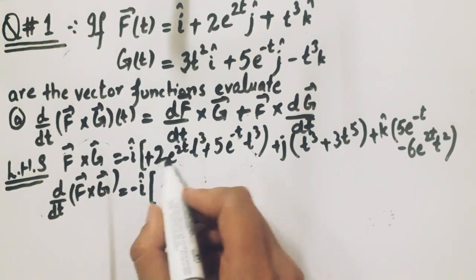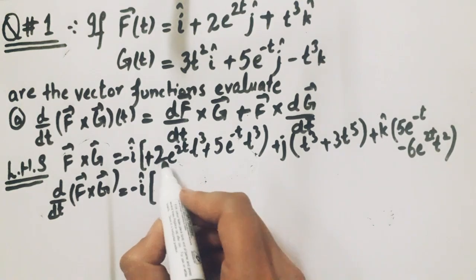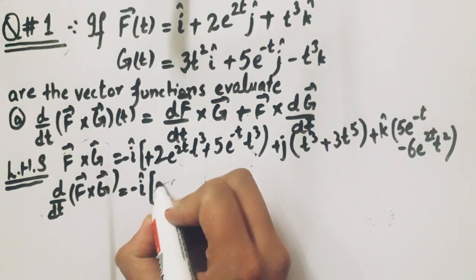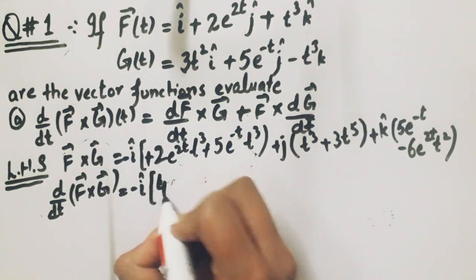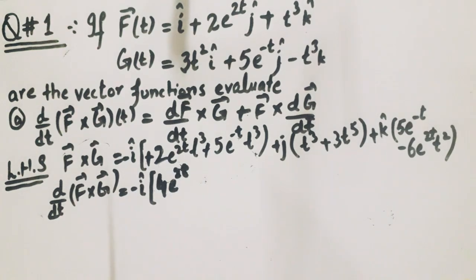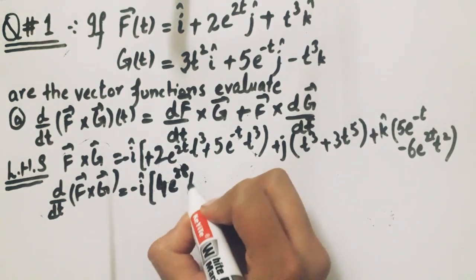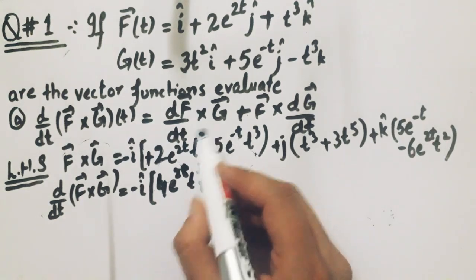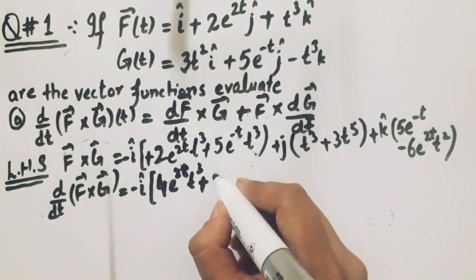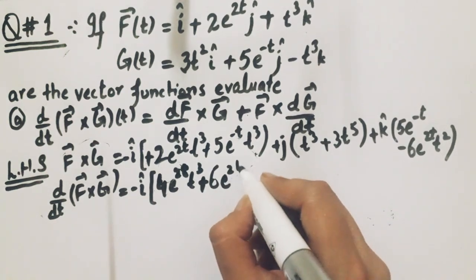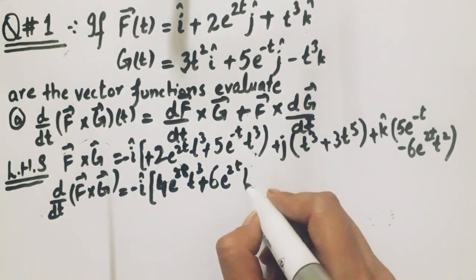This will be equal to 2 multiplied by 2, which becomes 4e^(2t) t^3, then plus 6, because 3 is multiplied by 2, 6e^(2t) t^2, since t^3 becomes t^2.